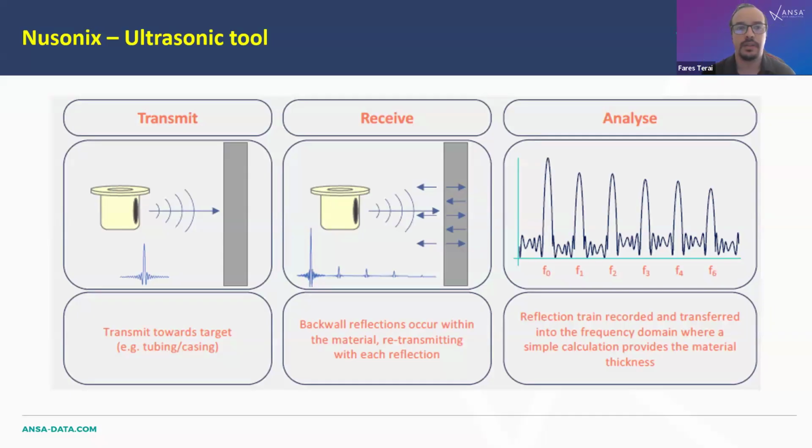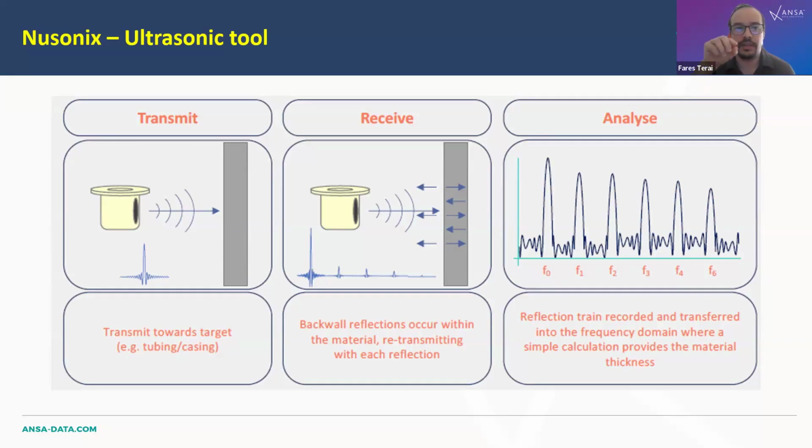As it concerns the principle of measurement, quite simple. Transducer starts pulsing or transmitting an ultrasonic wave towards the target, which is the inner wall of the pipe here. Part of this wave will reflect to the transducer, as we can see here in the middle part of the image, and a small bit of it will transmit to the steel or whatever material the pipe is made of.